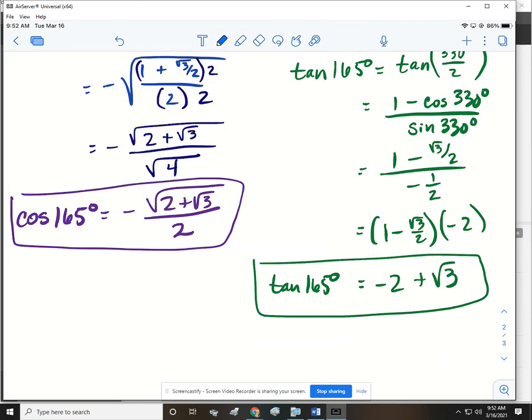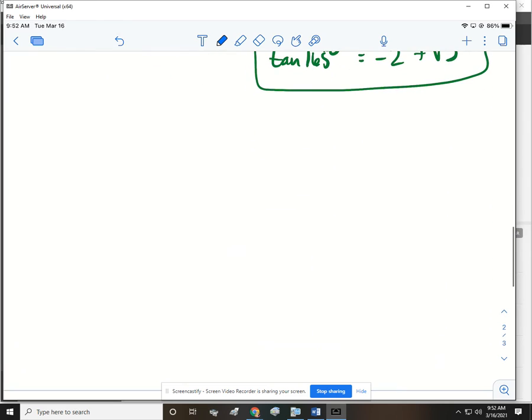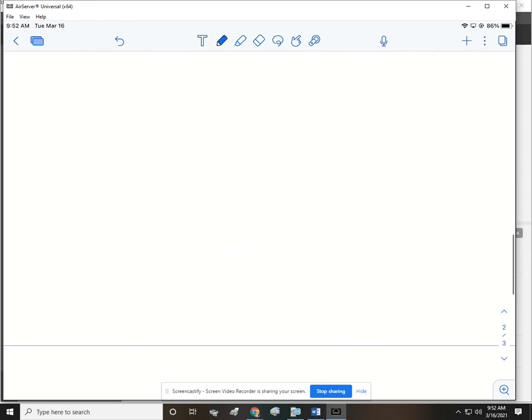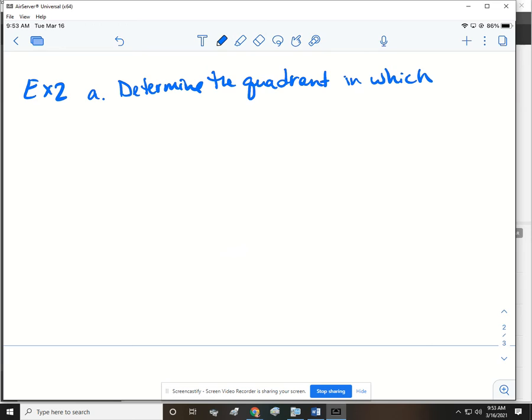Okay. We're also going to use it with the triangle situation that we've been doing for each one of these formulas. So on example 2, we're going to do two things. The first thing we're going to do is determine the quadrant in which U over 2 lies.